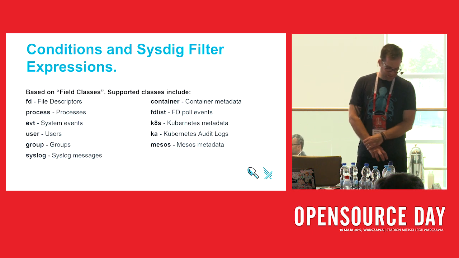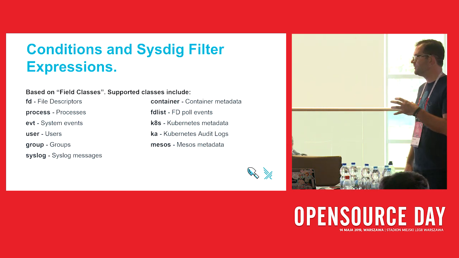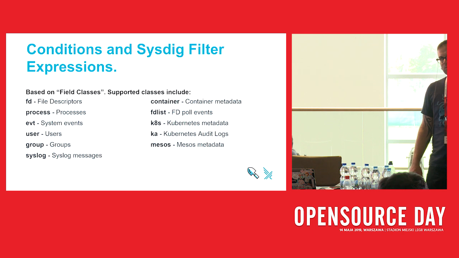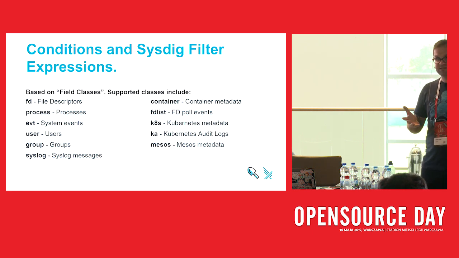So this gets into the details of the granularity we can get to with the system calls. The way we discuss system calls within Sysdig, and we use the same terminology within Falco, is slightly different to the native system calls because we want to make it a little bit more simplistic.